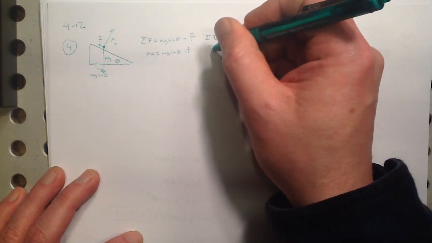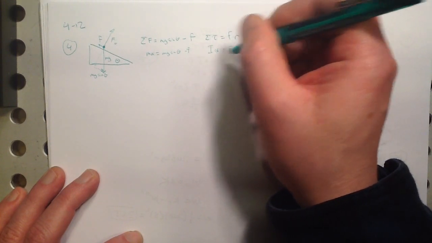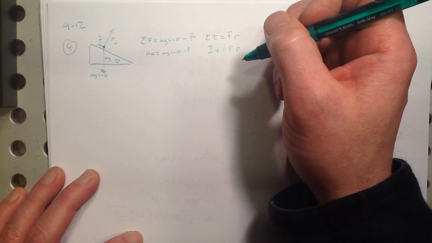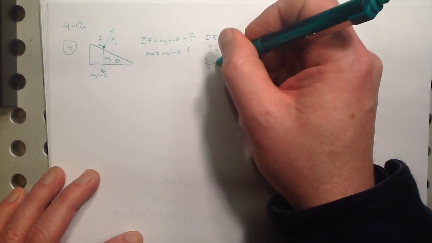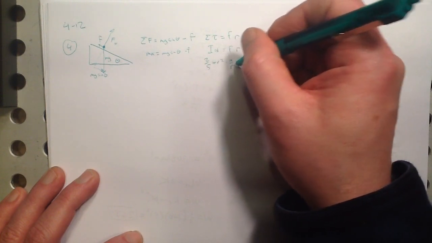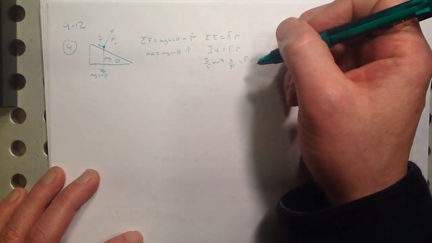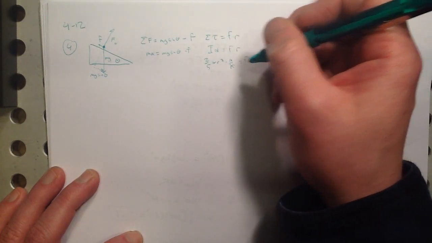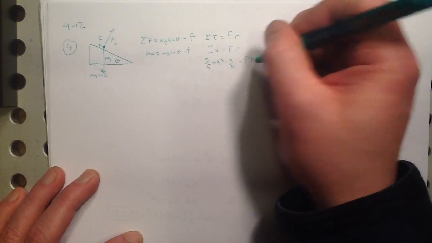And I alpha is equal to f times r. I for a solid sphere is 2/5 mr squared, and alpha is a over r. So one of those r's cancels out, and the other r cancels out.